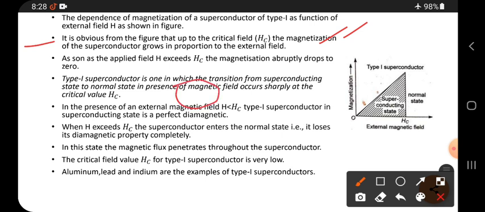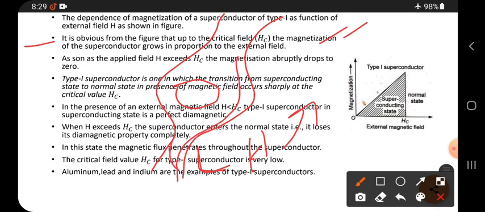At a low magnetic field, lines of force are expelled according to the Meissner effect. When the magnetic field is slowly increased, the lines of force start coming nearer to the substance. When it is increased again, lines of force start penetrating through the substance, so it is getting magnetized.